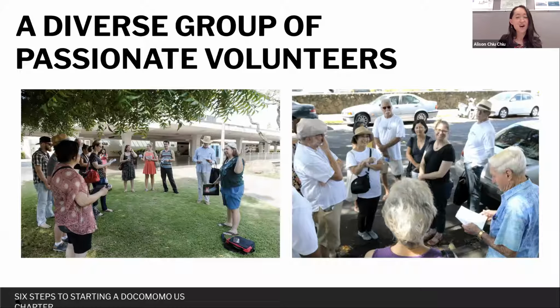So we started our chapter in 2013. We had a really great group of diverse and passionate volunteers who were really interested in starting a chapter together. Everybody had a variety of backgrounds. We also had members who spanned a wide age range. So this was really good in terms of technological capabilities, time availability, as well as other resources and access to those resources.